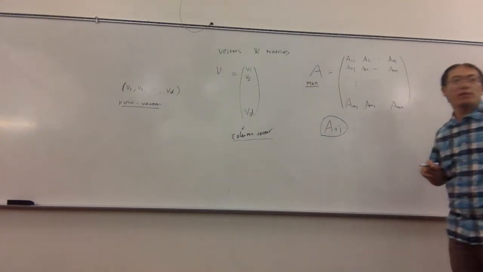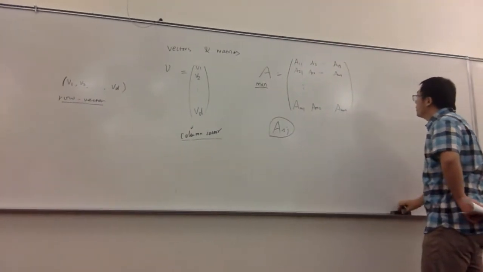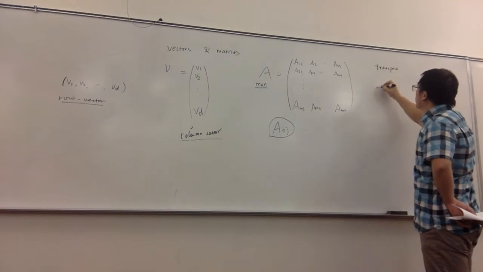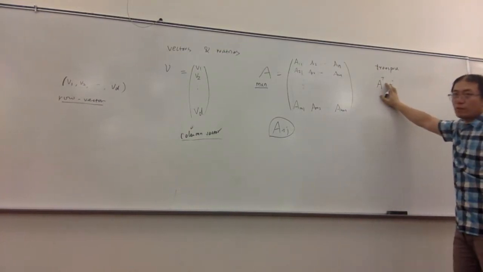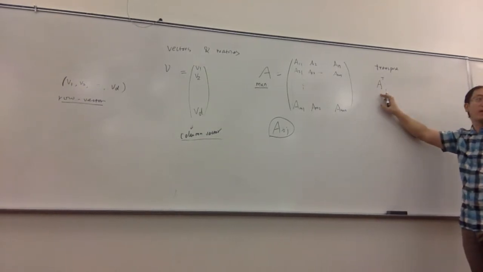It's called transpose. So what does transpose mean? Let me write it clearly. The transpose operation is denoted by T. If you put a superscript T on A, we usually mean we are transposing A, right?